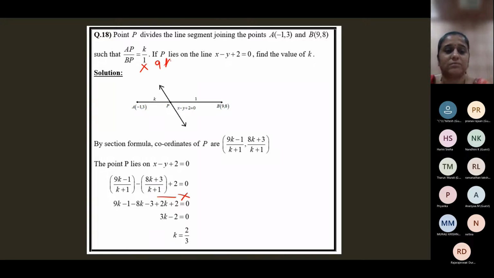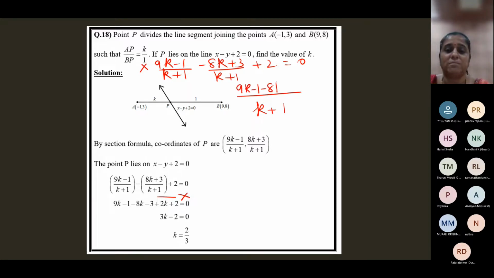So (9k minus 1) by (k plus 1) minus (8k plus 3) by (k plus 1) plus 2 is equal to 0. Common denominator k plus 1. So 9k minus 1 minus 8k minus 3 plus 2k plus 2 is equal to 0.